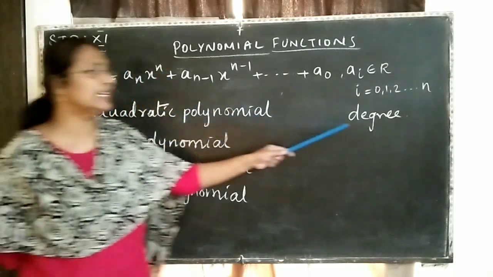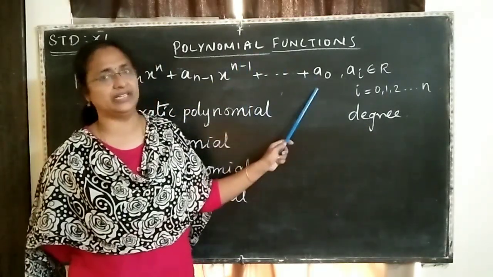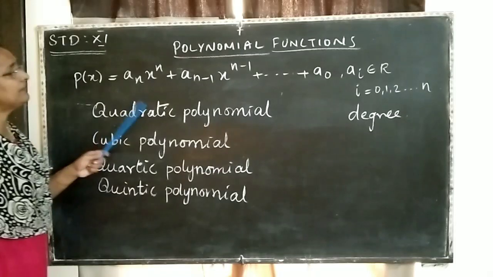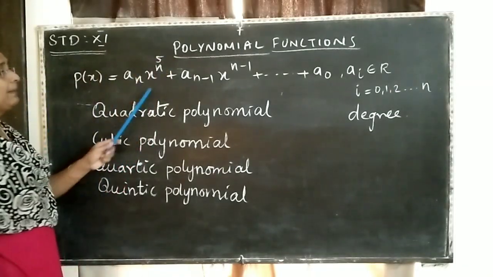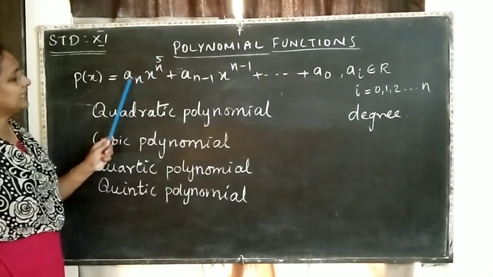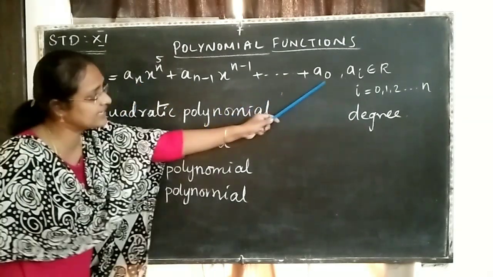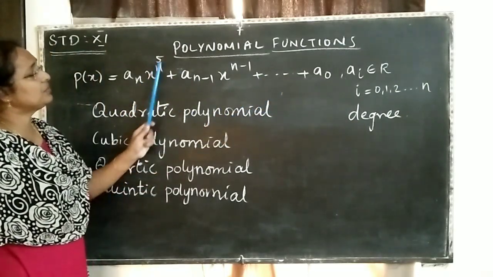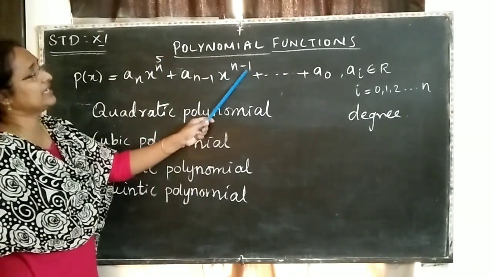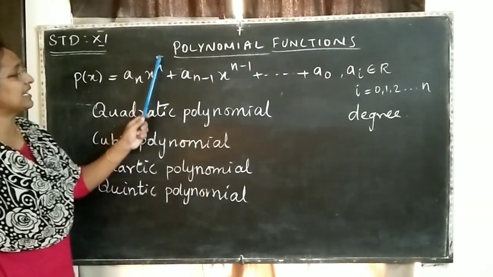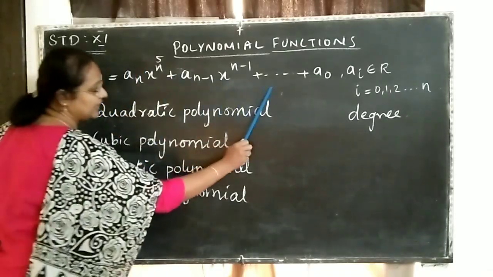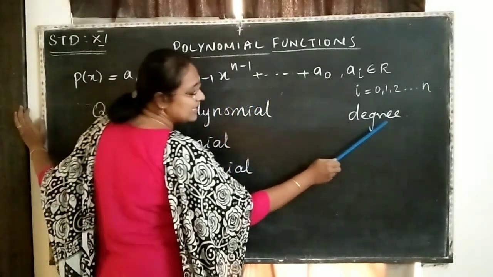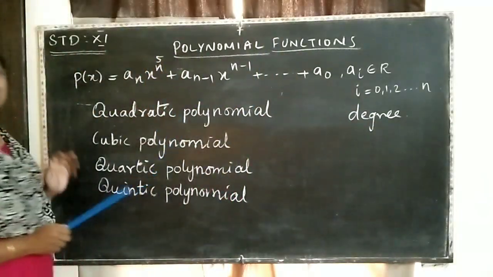If the highest power is x to the power 5, the power of x is what counts, the other things are in the base. Only x to the power n minus 1 or x to the power n, this stands for the powers, isn't it? So the highest power of the given function is termed as the degree of the polynomial function.